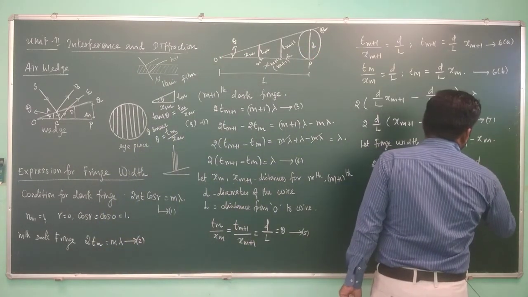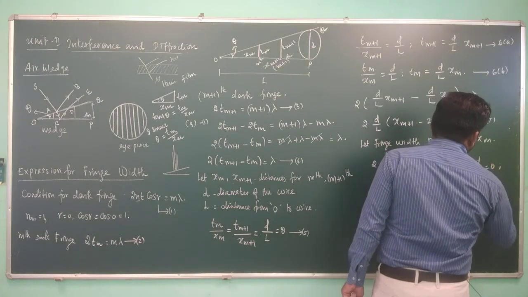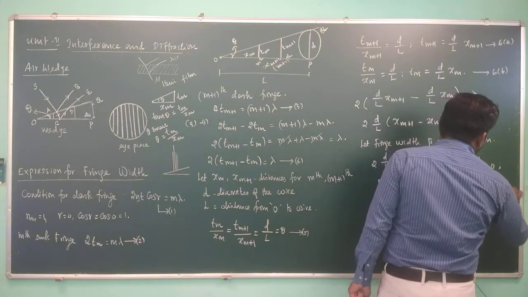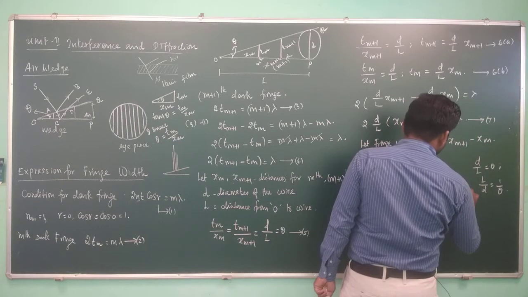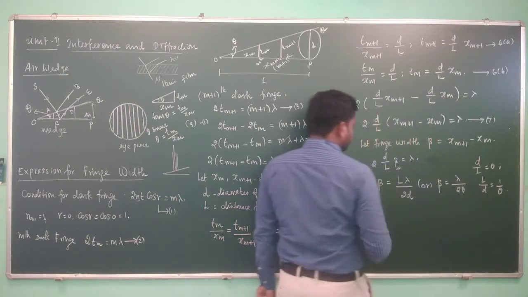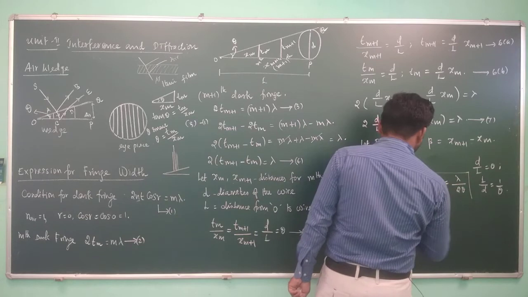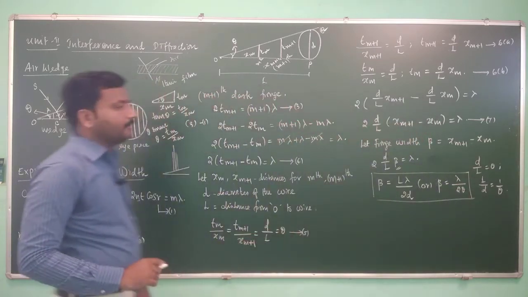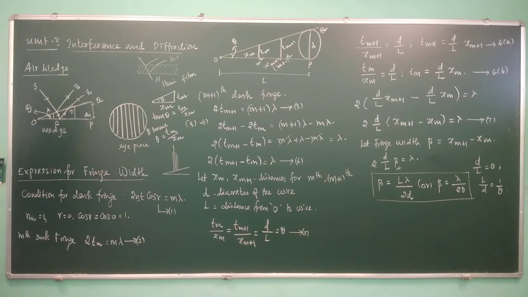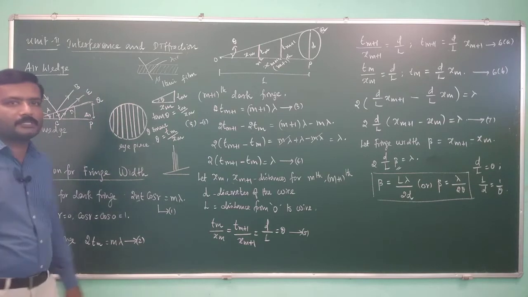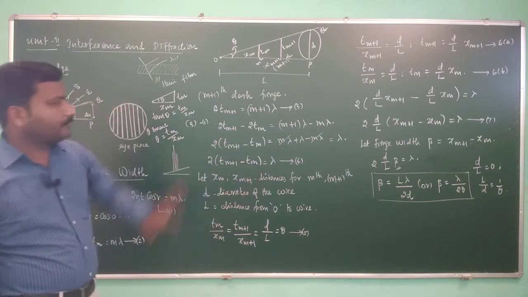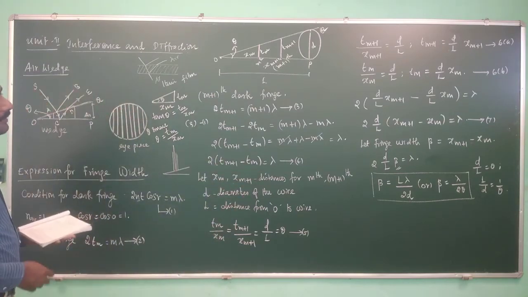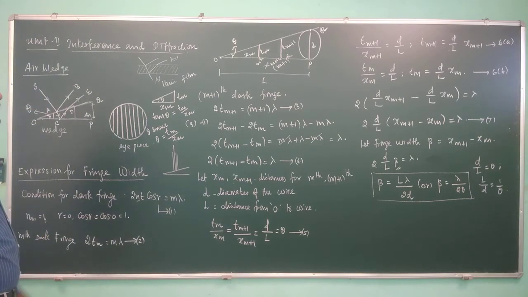So if D by L equal to theta, then L by D becomes 1 by theta, right? So here L by D, so that beta becomes lambda by 2 theta. So this is the expression for fringe width created by the air wedge, equidistant fringes created by the air wedge. So fringe width for that case, mathematically we can write beta equal to L lambda by 2d or beta equal to lambda by 2 theta.